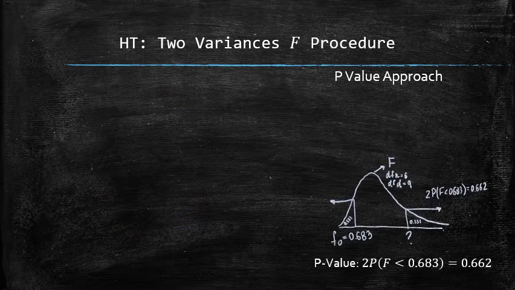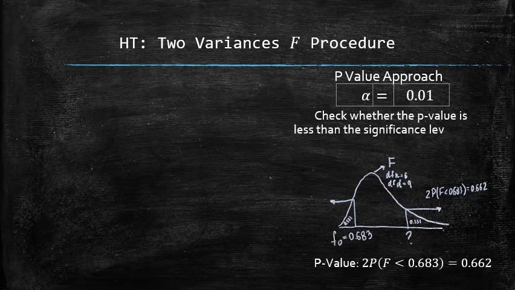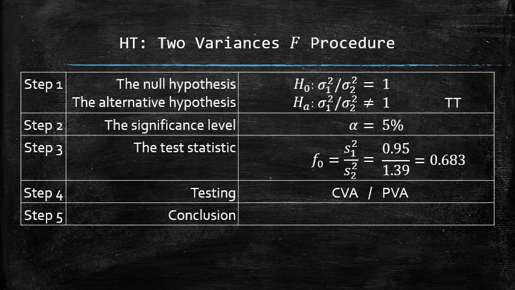In the p-value approach, we must check whether the p-value is less than the significance level alpha. Our p-value is 0.662, and it is greater than alpha. Both tests suggest that we do not reject the null hypothesis in favor of the alternative.